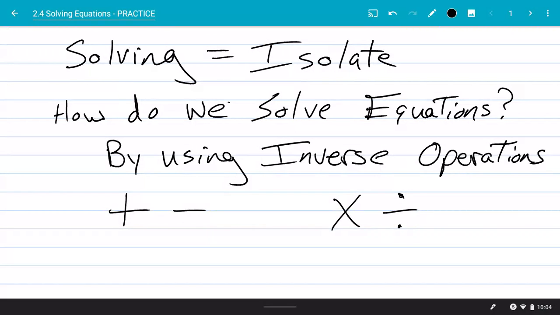Now, if we wanted to get technical, I could probably make the argument that there's actually only one operation, and that's addition. What? Well, what is multiplication? Multiplication is just repeated addition, right? 3 plus 3 plus 3 plus 3 is really 3 times 4.